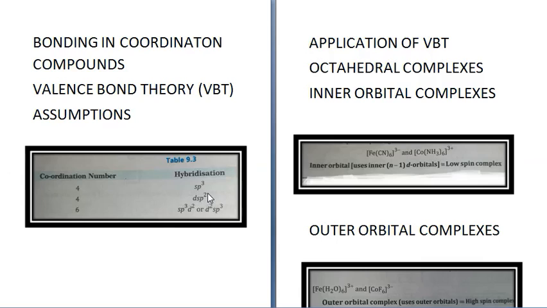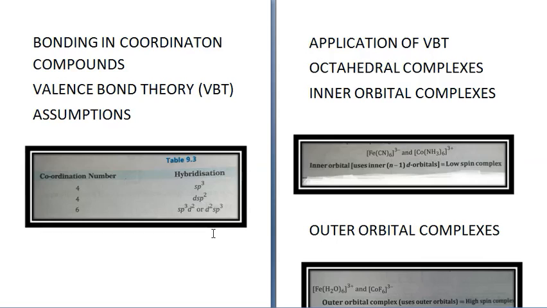Alright, 1s and 3p will hybridize, and in that case the geometry of the molecule will be tetrahedral. But if coordination number is 4 and the hybridization is dsp2, the inner d, then s and 2p orbitals, then in that case the geometry of molecule becomes square planar. If coordination number is 6 and the hybridization is sp3d2 or d2sp3, in both cases the geometry of the molecule will be octahedral.